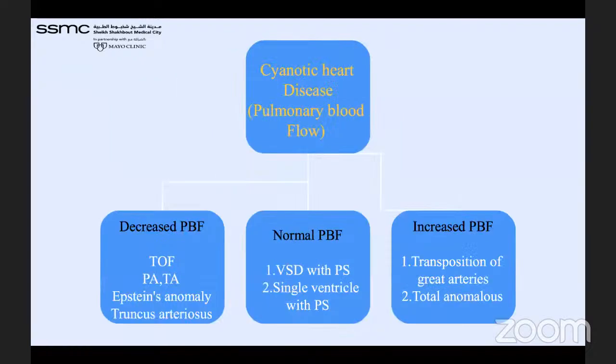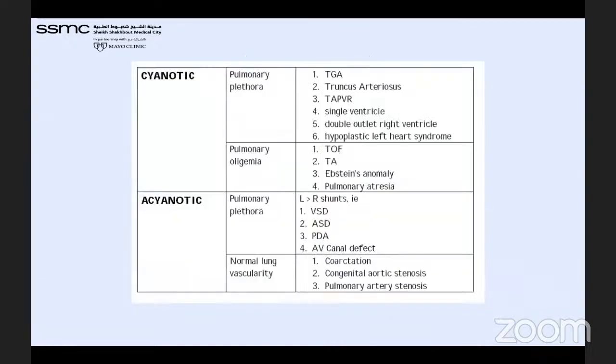Similarly, cyanotic heart disease, which is another talk given by some of our speakers, has decreased pulmonary blood flow, normal pulmonary blood flow, and increased pulmonary blood flow. I think we will discuss it in another talk. So to remember, for our junior colleagues, this is a very simple way.